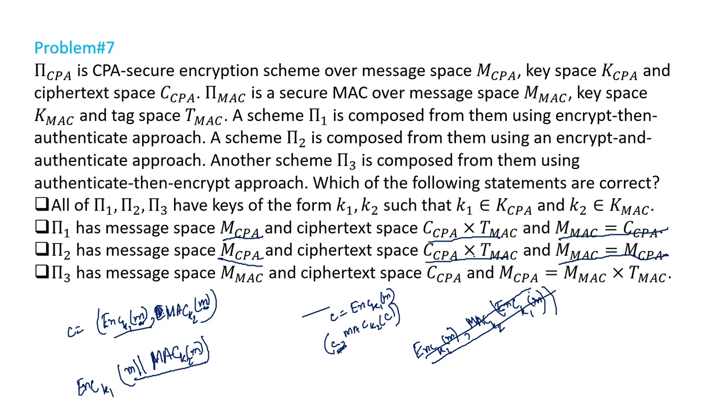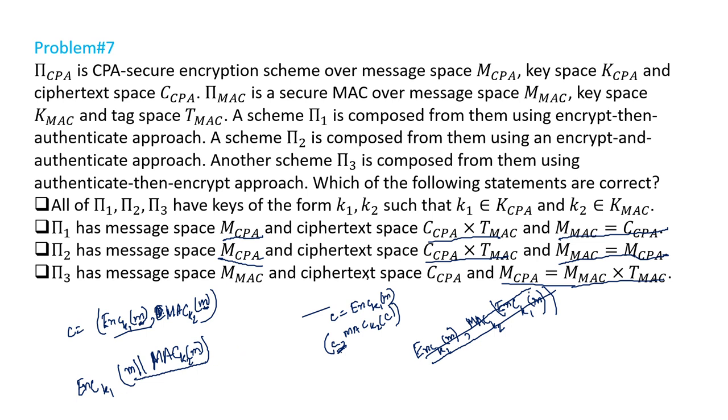So you can see here for the encryption scheme the message space is MMAC. MMAC is nothing but the input space here, concatenated with the tag space, the output space of the MAC algorithm. So that is why the message space is MMAC cross TMAC, right?